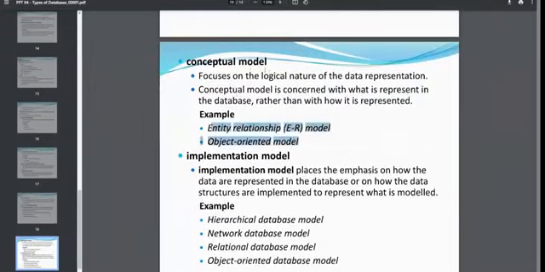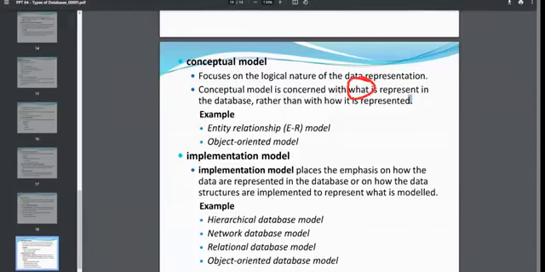A conceptual model focuses on the logical nature of the data representation. Logical means software related. You know what logics are, right? A conceptual model is concerned with what is represented in the database rather than how it is represented. You should carefully read and understand this. What is represented, or how? It is not caring about how. Can you understand the difference?